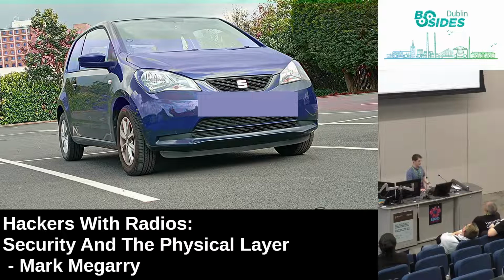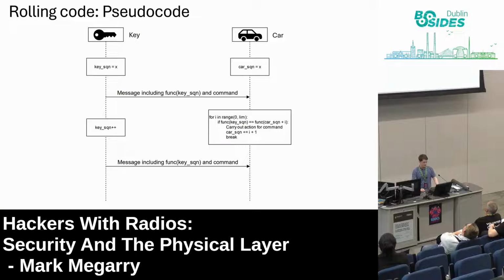And that's because car locking systems tend to use what's called rolling code. So in rolling code, your key has a counter variable, and your car has a counter variable. When you press a button on your key, it transmits a message to your car. That message contains an encoded version of this counter variable. I'll call it a hash for simplicity. It contains a hash of this counter, and it contains the action to be taken.